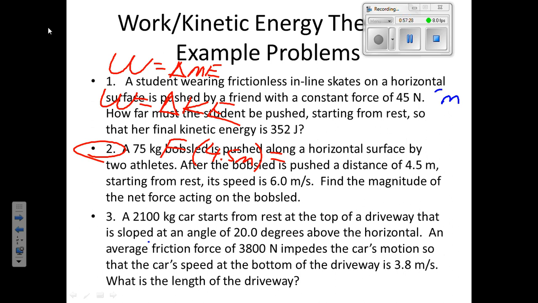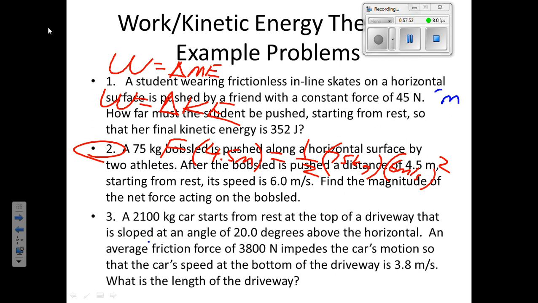And that's 1/2 times what? Mass, which we know, 75, times velocity squared, and our final velocity is 6. So times 6 meters per second squared. If you do the math on that, I think you're going to come up with 300. Okay? So 2 different ways to do the same problem.